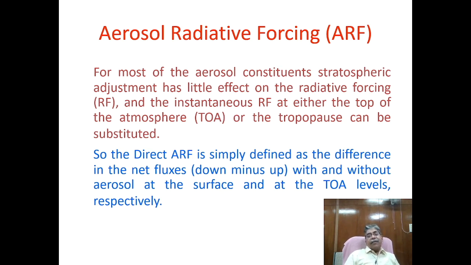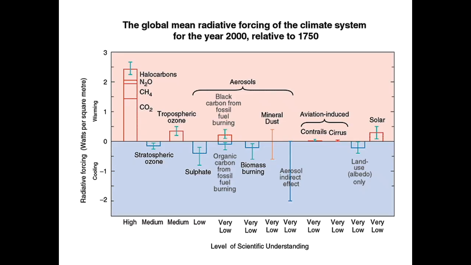If we measure it at the surface, then it is called surface radiative forcing. If we do it at the top of the atmosphere, then it is top of the atmosphere radiative forcing. And if we want to calculate this change in net flux inside the atmosphere of the Earth, then it is called the atmospheric radiative forcing.